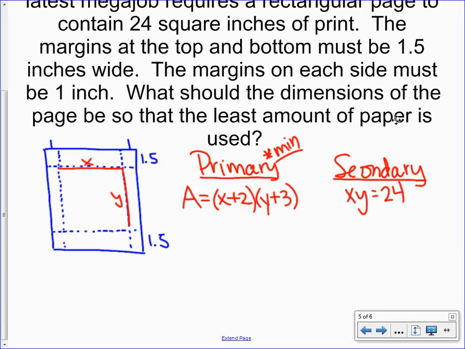First of all, I want to talk about the domain. What connects B? Look at the picture. What connects B? It has to be above 2.